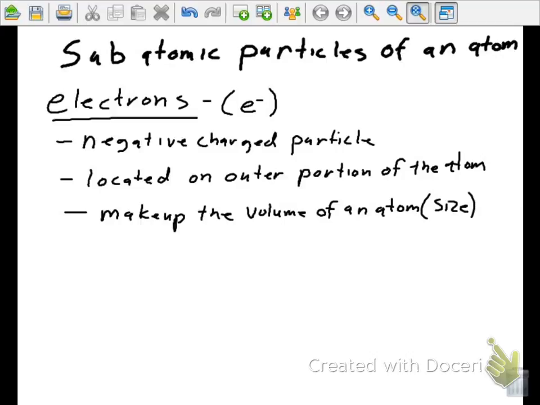When you look at the periodic table in the future, as you get more and more of these numbers, the atoms get bigger because they add these things called shells. There's only so many electrons that can fit in a shell. Then that has to expand.